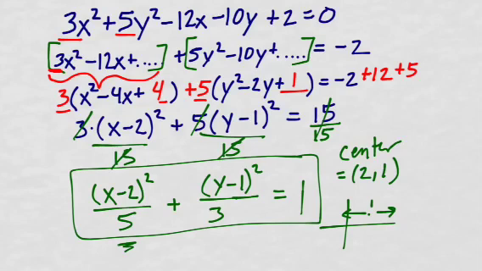The vertical distance up and down is going to be the square root of this number 3, and so our ellipse is going to kind of look like this. Obviously not really trying to do a good job on that, but that's how you use completing the square to take an expanded form of one of these conic sections and rewrite it in a form that allows us to kind of describe the graph a little bit more accurately.